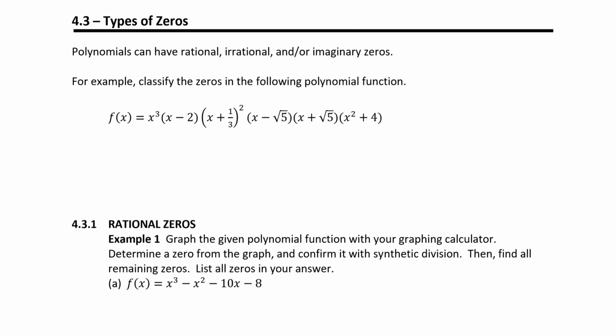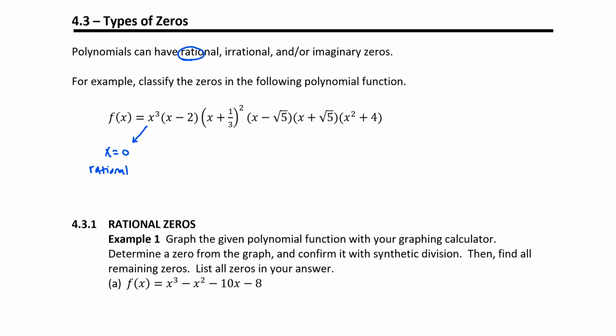So let's work on identifying the zeros from left to right. If I set x cubed equal to 0 and I solve for x, I'm going to get the zero x equals 0. 0 is a rational number. Now, just as a reminder, rational numbers can be written as a fraction.